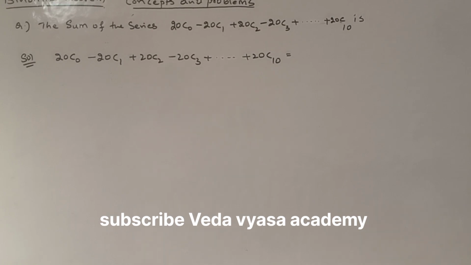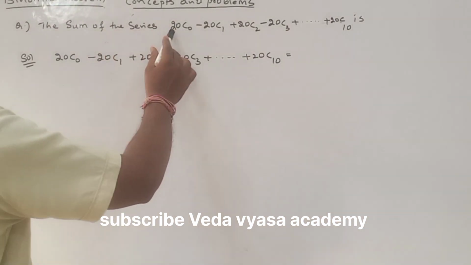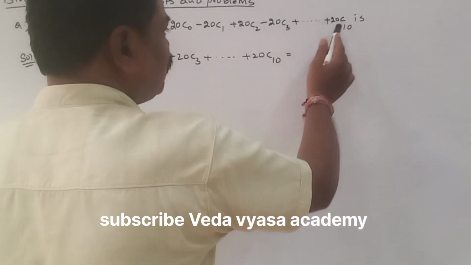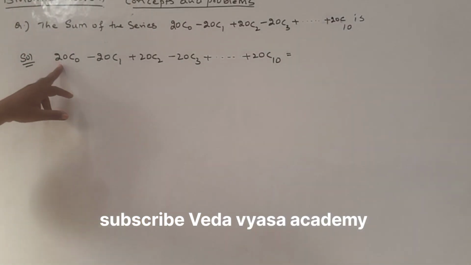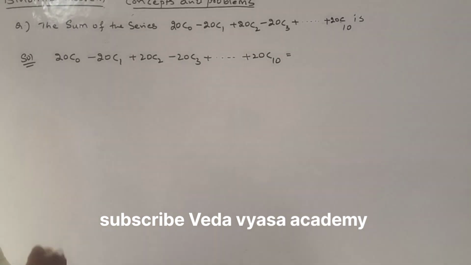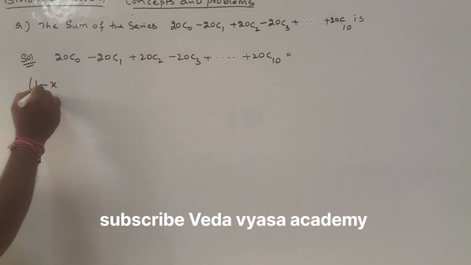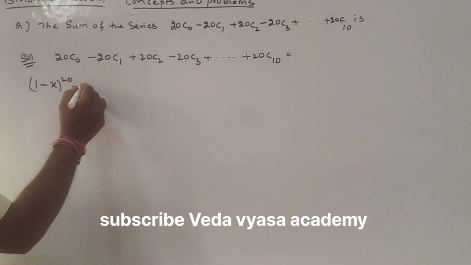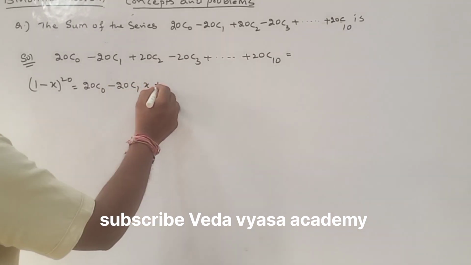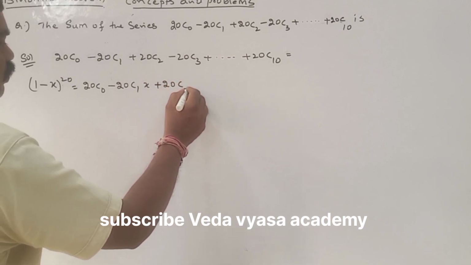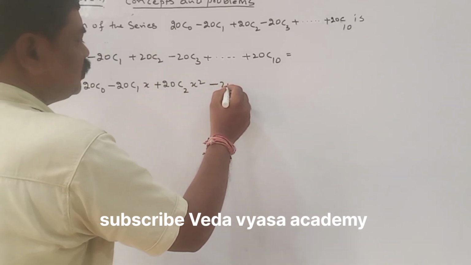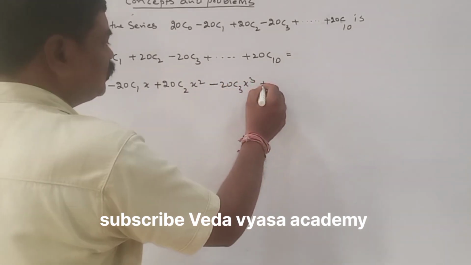Here we have the problem: the sum of the series 20C0 - 20C1 + 20C2 - 20C3 + so on + 20C10. Then we have to write the sum of the series. So (1 - x) whole power 20 is equal to 20C0 - 20C1 x + 20C2 x square - 20C3 x cube + so on.